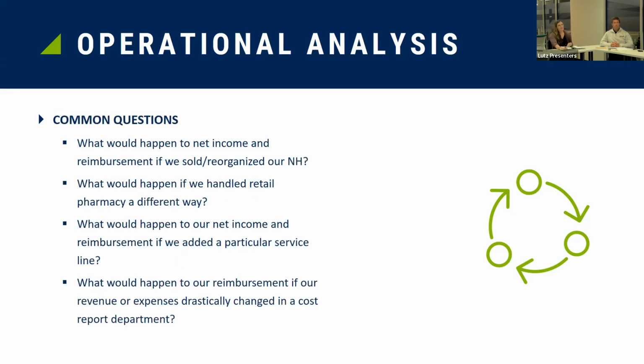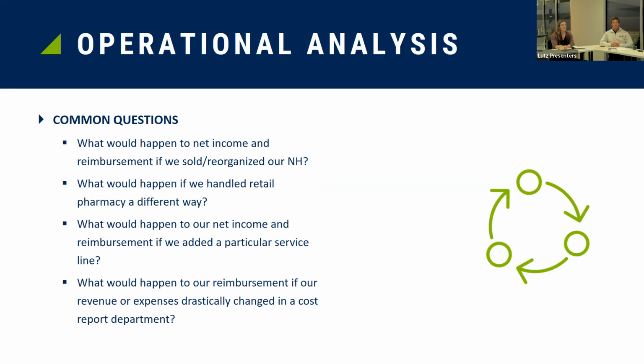So here are some of the common questions that we would receive on the operational analysis tool incorporating the cost report. And that would be, what would happen to net income if we reorganized or had a management agreement with a nursing home, especially for critical access hospitals. Those nursing homes are non-reimbursable cost centers, so a lot of that overhead cost does get pulled down to the nursing home.